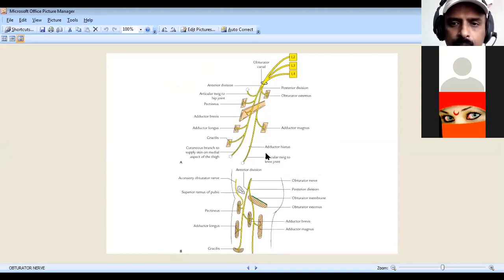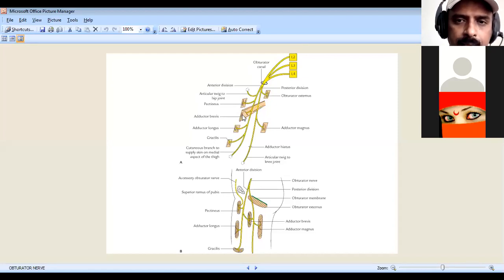This is the one nerve which is commonly asked, that is the obturator nerve. This is a nerve which supplies almost all of the medial compartment of the thigh. The medial compartment of the thigh consists of all the adductor group of muscles including gracilis. So adductor longus, brevis, magnus, and gracilis, and all including pectineus.